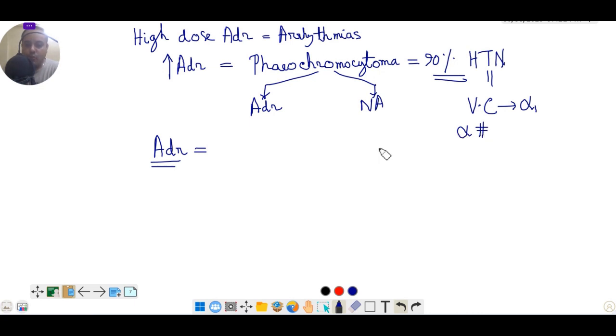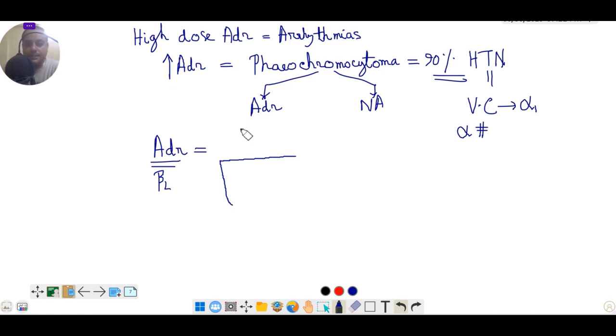And the moment you give an alpha blocker to this patient, see what is going to happen. Since you have given an alpha blocker, the vasoconstriction phase will not be possible. The only receptor that can now be activated is beta 2, and because of beta 2, there will be vasodilation.